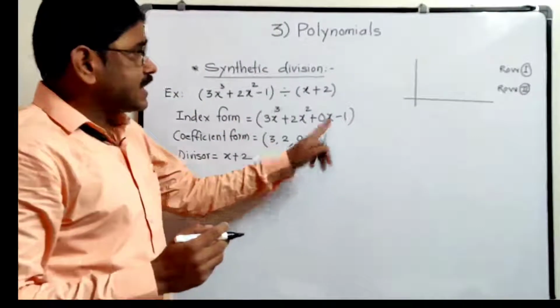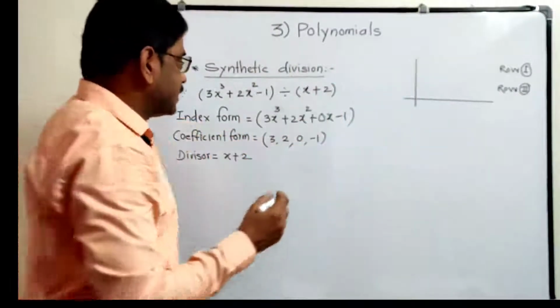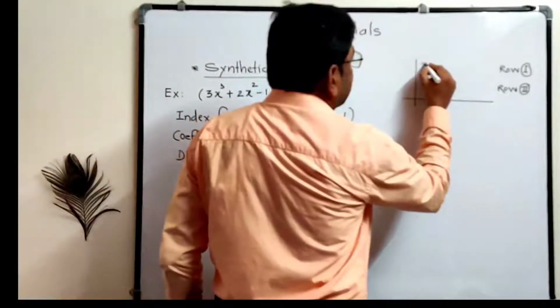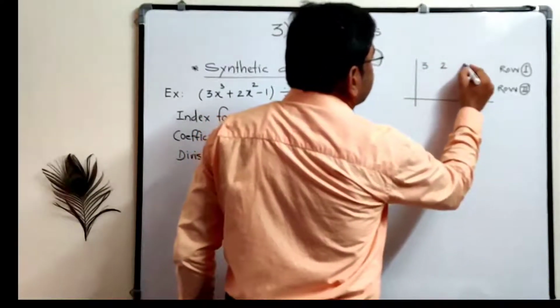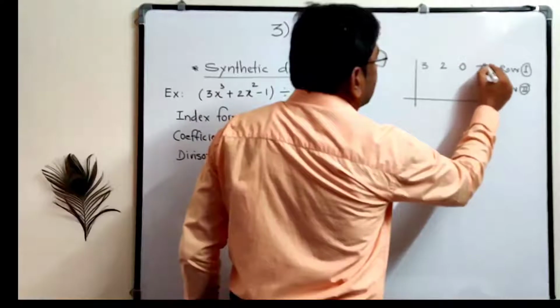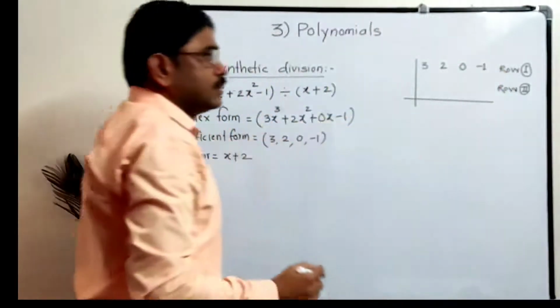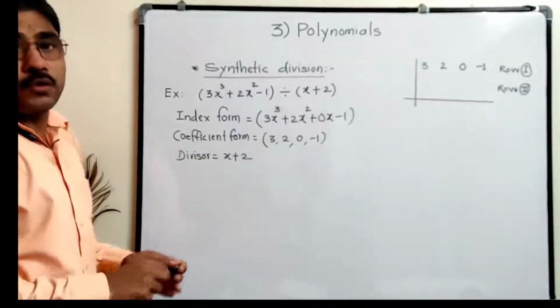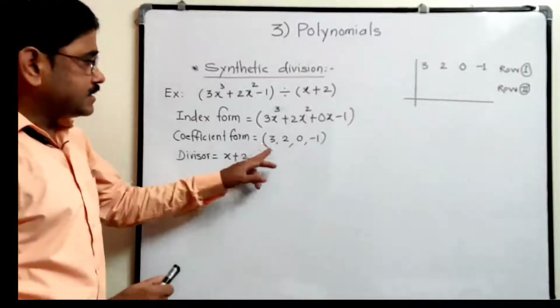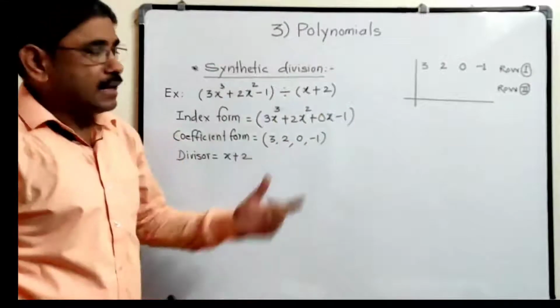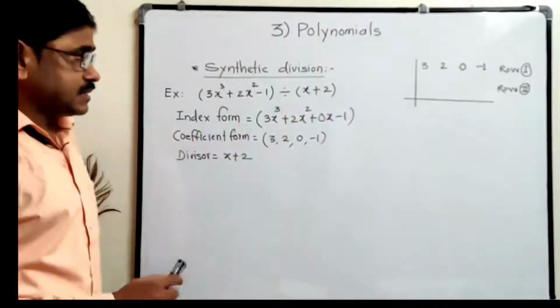These coefficients are to be written in the first line. 3 with the gap, 2, 0, minus 1. Is it clear? In first row, in first line, we have to write the coefficient form, that is 3, 2, 0, minus 1. And there is a gap between these coefficients.